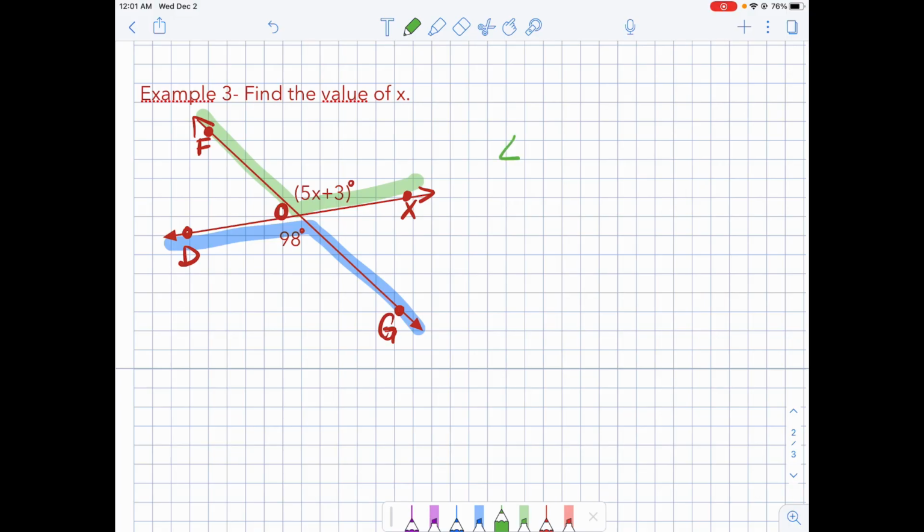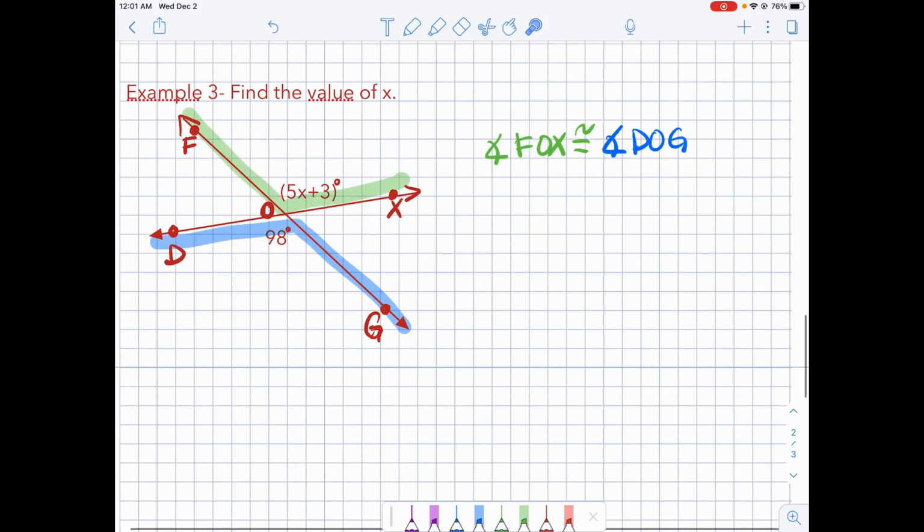And I'm going to write angle FOX, the vertex in the middle, is congruent to angle DOG, vertex in the middle. And now that I have that, I'm going to ask you to press pause, and you're going to go ahead and solve the problem. All you got to do is find x.